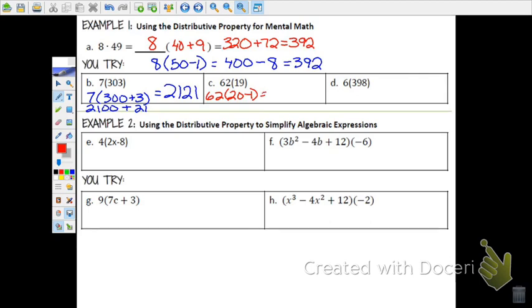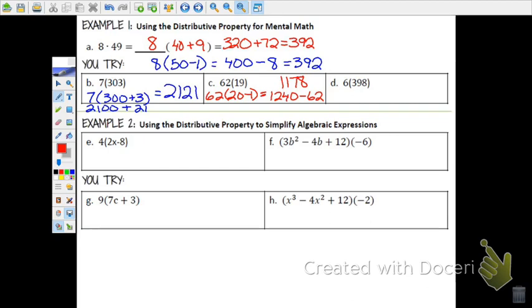So 62 times 2 is 124, minus 62 times 1 is 62, which gives me an answer of 62. And that is not correct because I forgot my 0. So let's try that again. 62 times 2 is 124, add my 0, minus 62, which gives me an answer of 1,178.